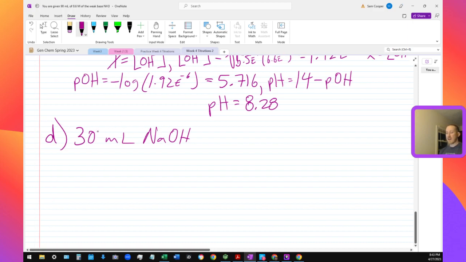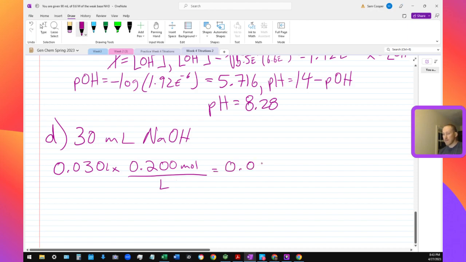So 30 mLs of NaOH is going to be 30 mLs times, we're told that it is 0.2 moles per liter. So that's going to equal 0.006 moles of OH minus that we're introducing.